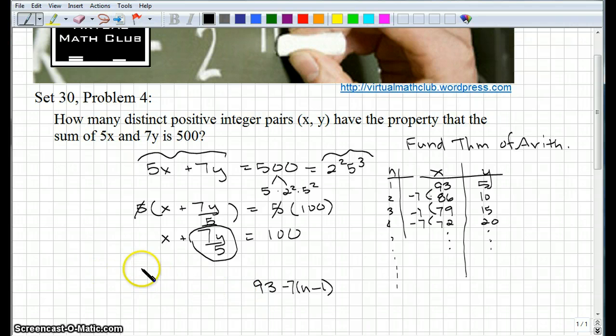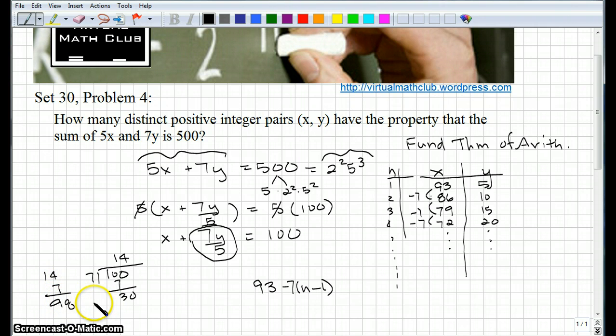Okay, so let's look at that. Let's say if we were to take 100 and divide it by 7, what do we get? We would have, let's see, 14 times 7. If you take 14 times 7, you get 98.